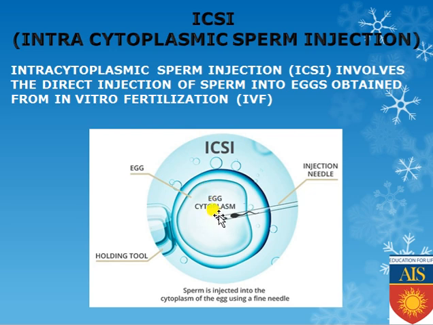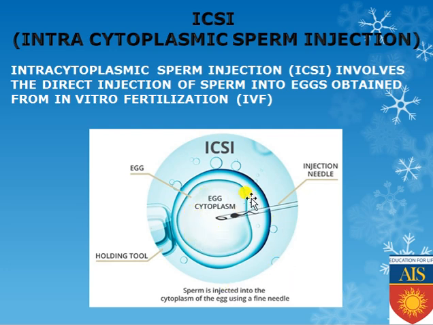It is obviously a more updated method than GIFT and ZIFT and artificial insemination, because here the sperm is directly introduced within the cytoplasm of the egg, and this egg should be obtained by the process of in vitro fertilization, because whatever egg we collect during in vitro fertilization, by that we can continue this ICSI process.